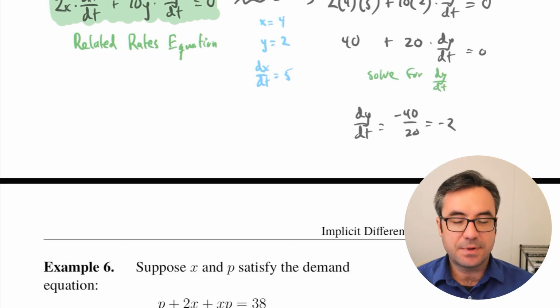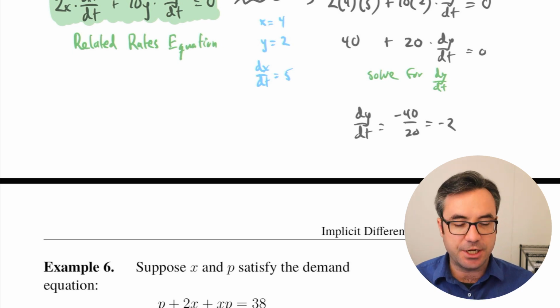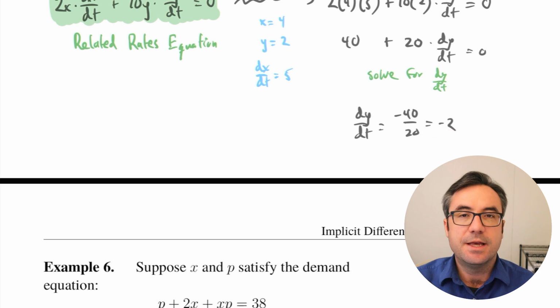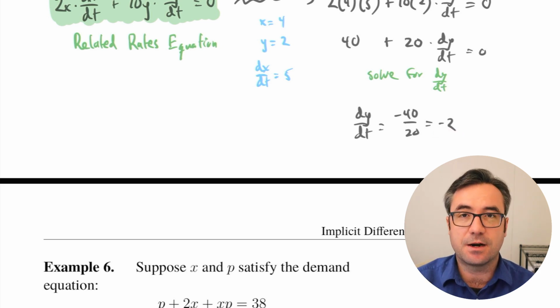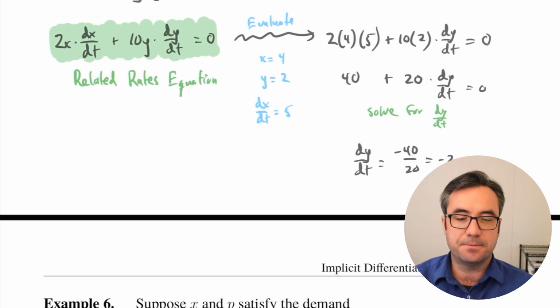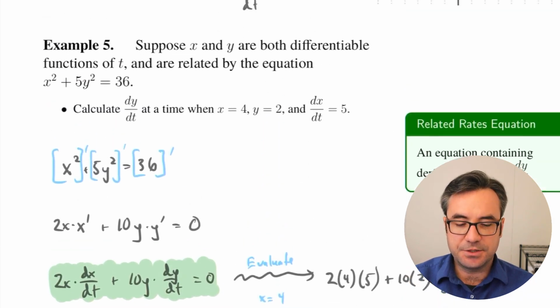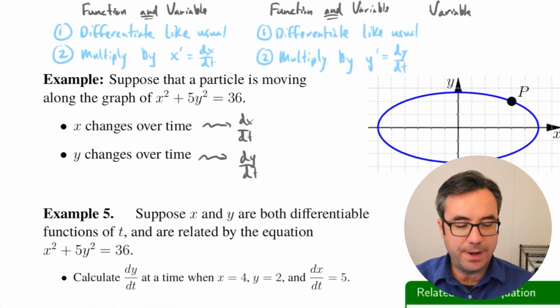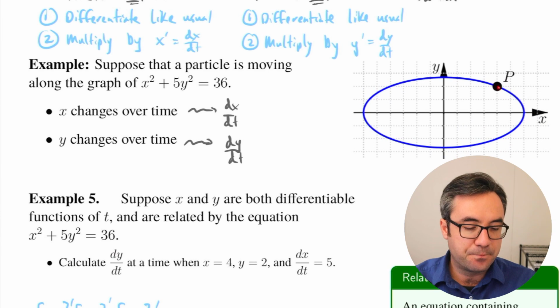And so we can have an idea of how this particle is changing. The y-coordinate is changing at a rate of negative 2, so the y-coordinates are decreasing, and our x-coordinates are increasing at a rate of 5. And so if we go back up, this is where our particle is in this little picture here.